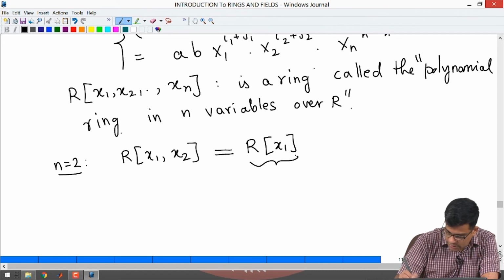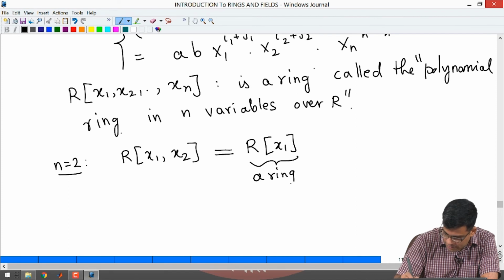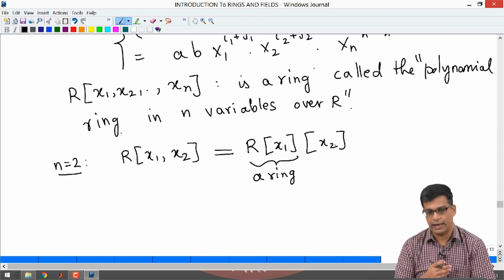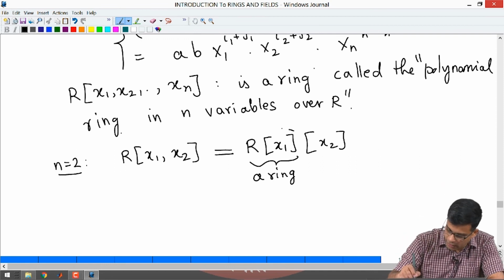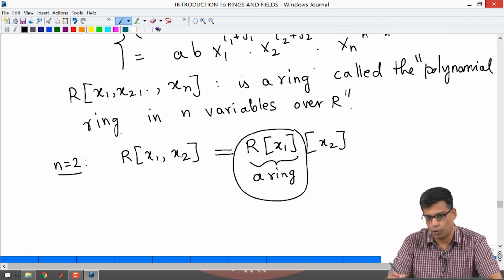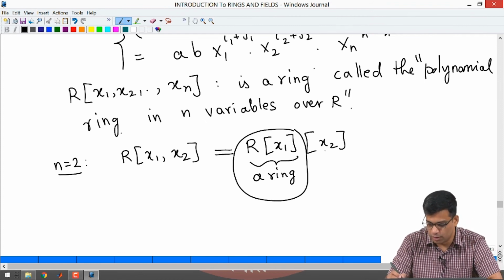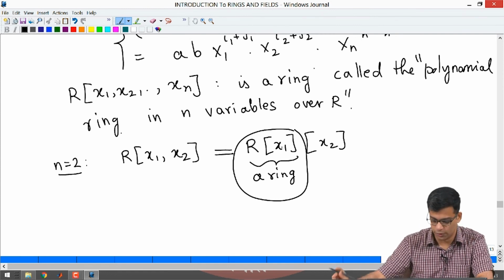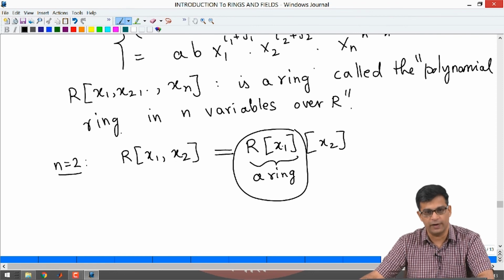So, this is a ring, right, this we discussed earlier, and then you do x2. Because we have talked about polynomial rings over any ring, I can take this ring and consider polynomials over this ring in one variable. The new variable I will call x2 because x1 is already used. There is no difference between these two things.